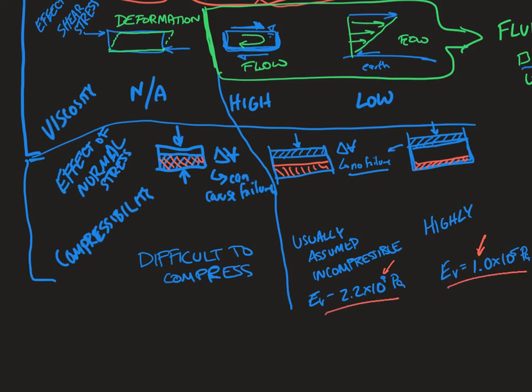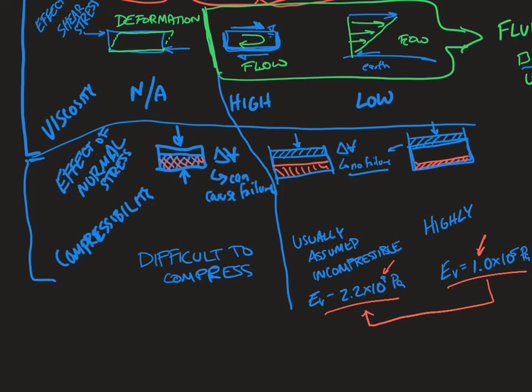Basically it has to do with how much, well, we'll talk about it in a second, but this is 4 orders of magnitude, from 10 to the 5th to 10 to the 9th, harder to compress a liquid than a gas, or this water versus air. It's really impressive.